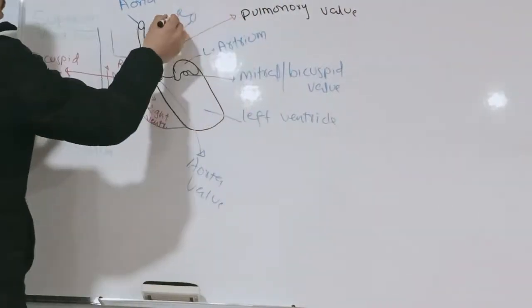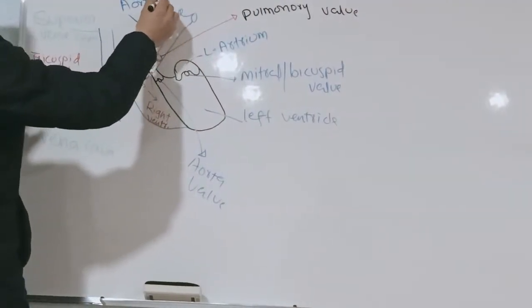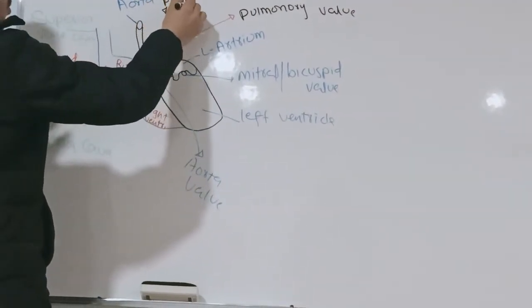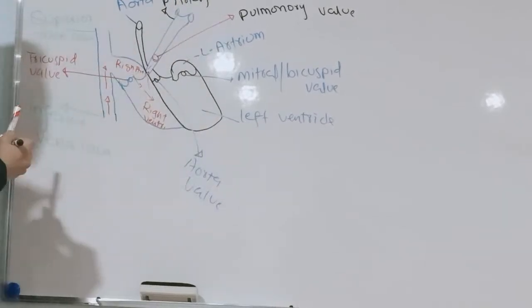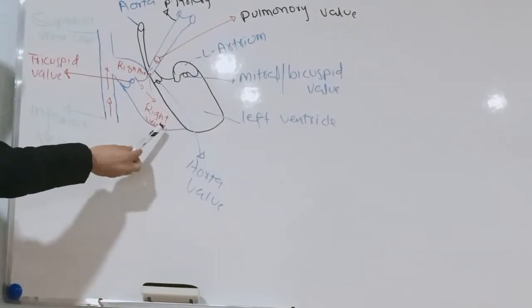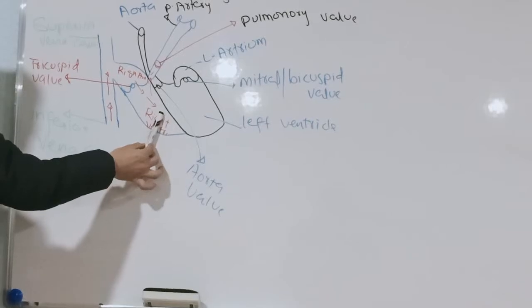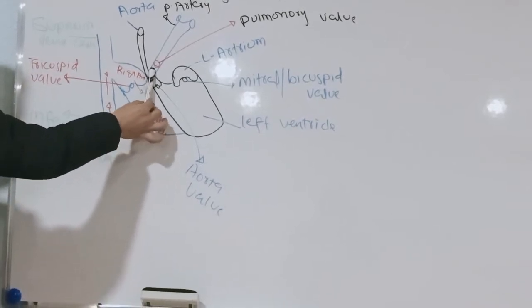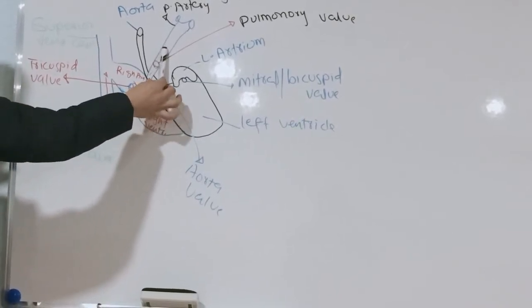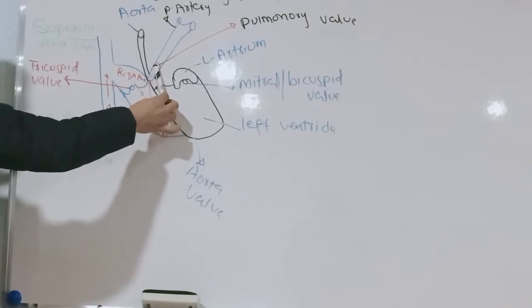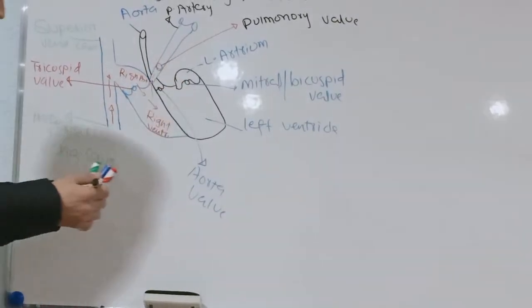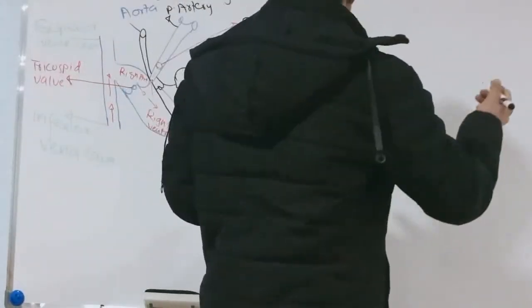And this structure is called the pulmonary artery. From the right ventricle, the blood moves to the pulmonary artery through which valve? Through the pulmonary valve.